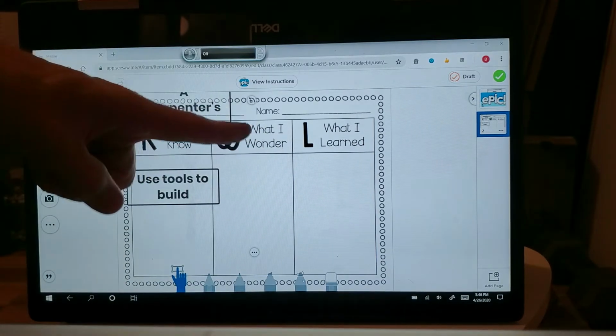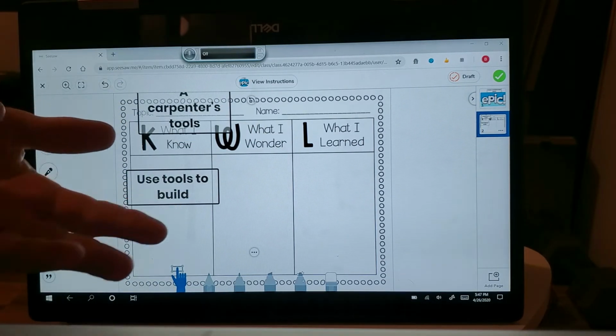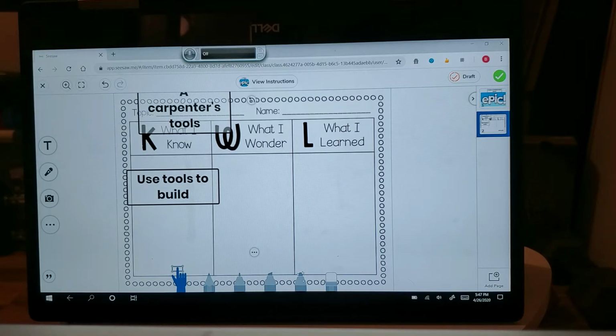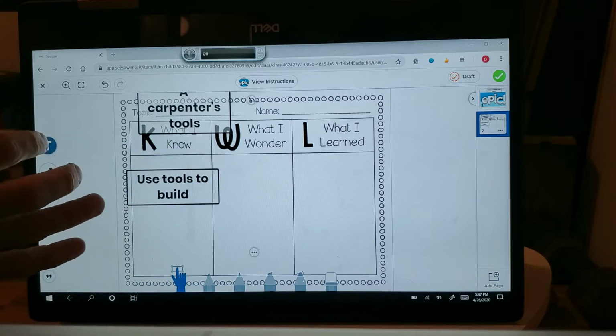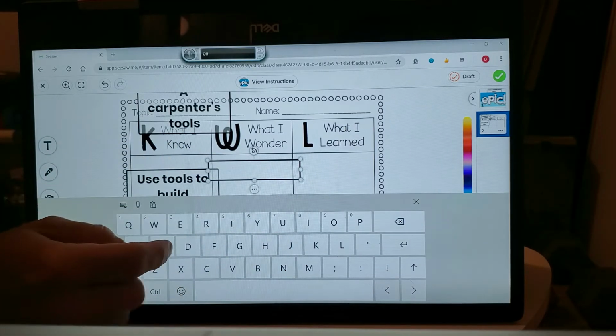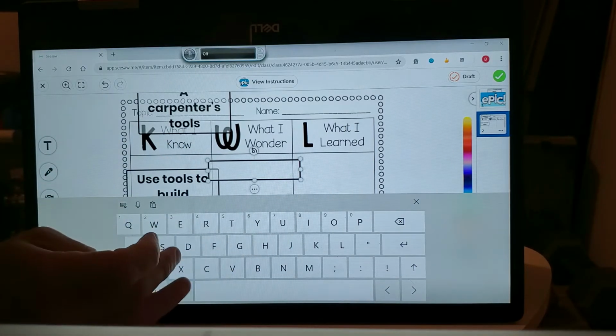Now, what do I wonder? What is something that we wondered about a carpenter? I wondered how a carpenter uses his tools, or maybe what some of the different tools could be. So, I'm going to put my wonder statement is how many tools do they have?